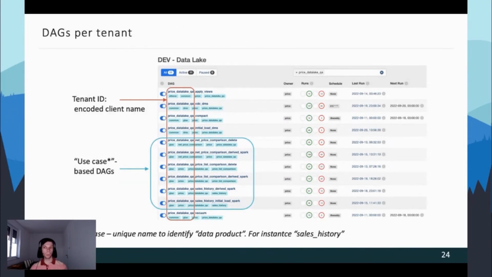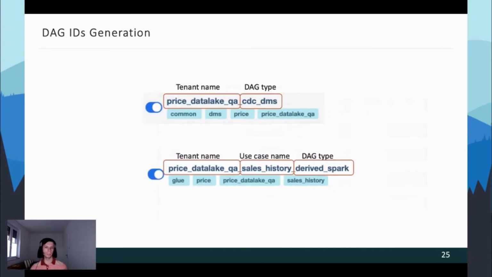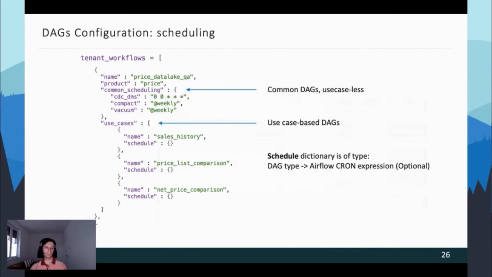We don't want to copy-paste the same DAG code for every tenant, right? So Airflow also allows us to generate DAGs programmatically. There is a specific import process in Airflow, and we came up with a configuration in JSON format, which we read during import time and use to generate the DAGs programmatically.